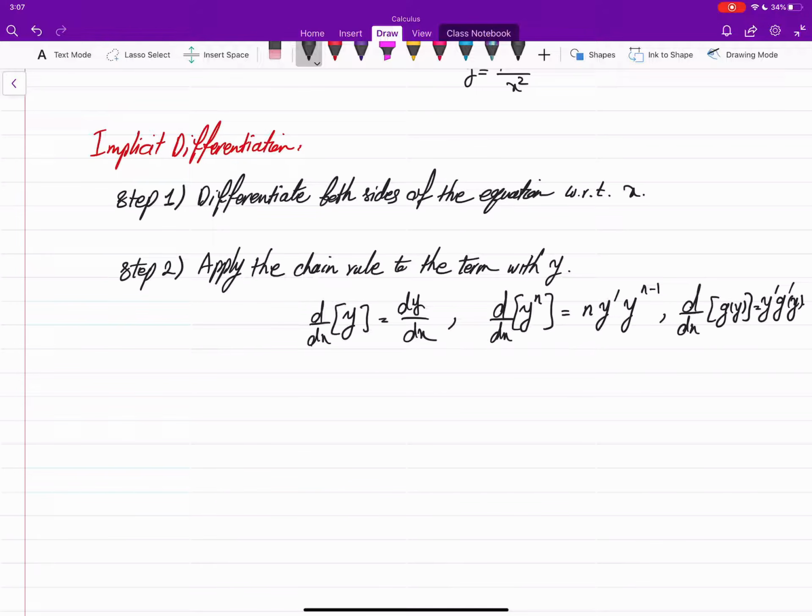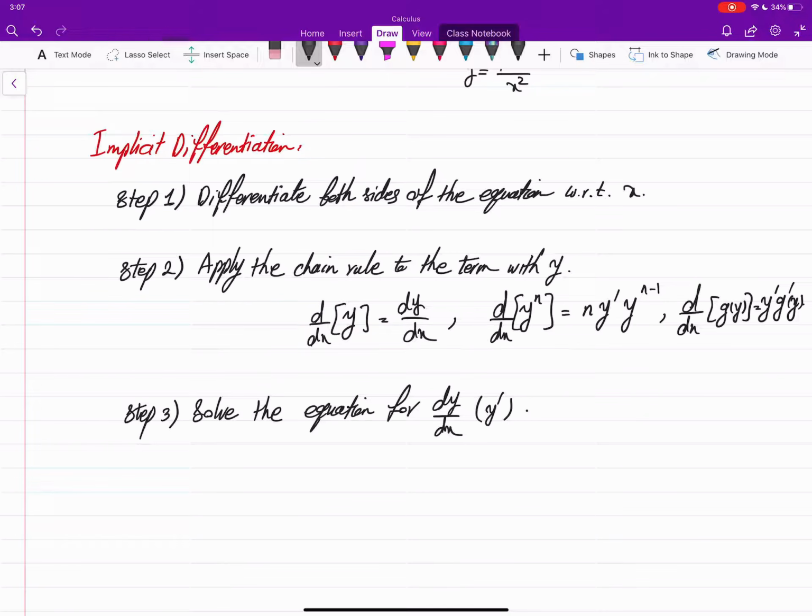Then step 3, solve the equation for dy dx or y prime. Solve the equation for that. It means what?